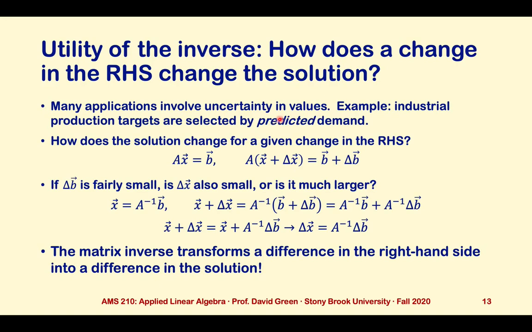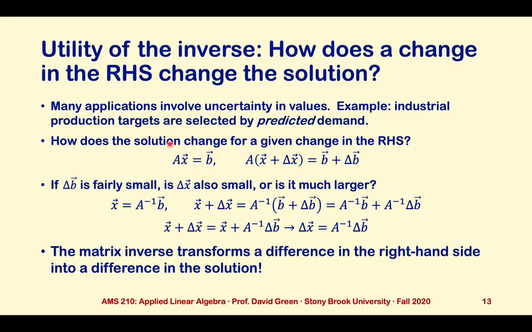And so we might ask the question, how would the solution be different if the right-hand side was different? If the predictions were off a little bit, a lot, or somewhere in between, how incorrect would our solutions be? How far away from the real predicted demands would our solutions land us? We might phrase this mathematically in the following way.